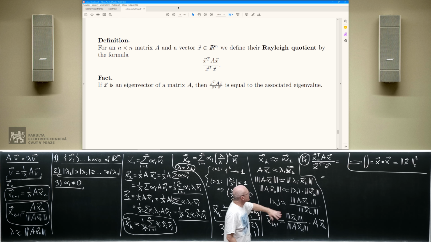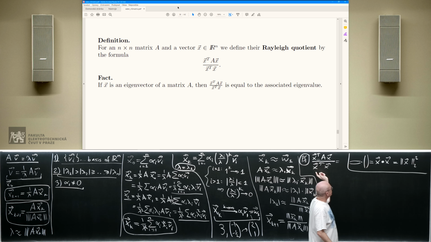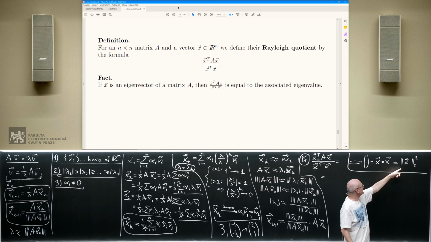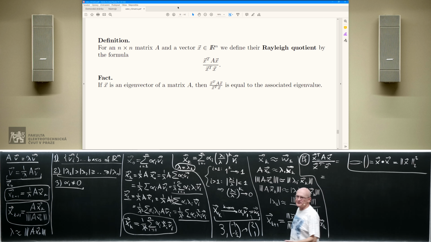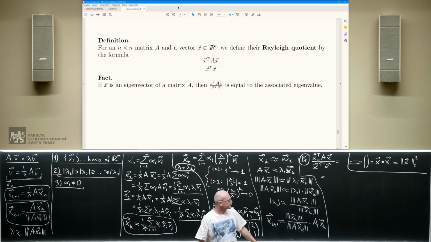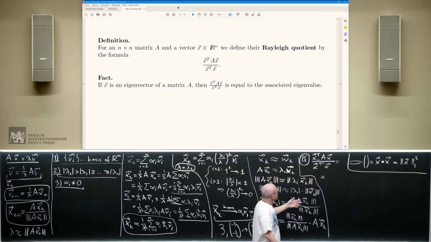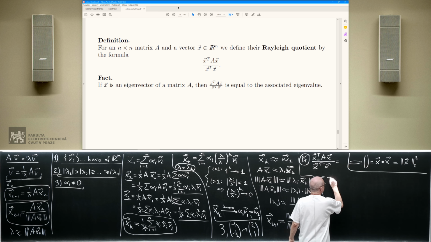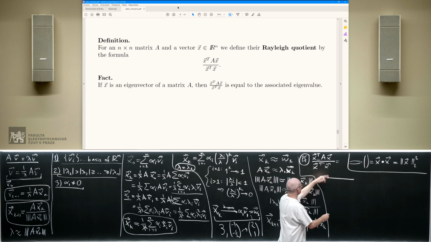So if you want to use this formula, in the denominator you actually have the Euclidean norm squared, so perhaps it's a good idea to use the Euclidean norm instead of the infinity norm in your iteration. And some people do. Okay, that's the denominator. But now we know that it makes sense, but we will not use it. Let's just copy it.